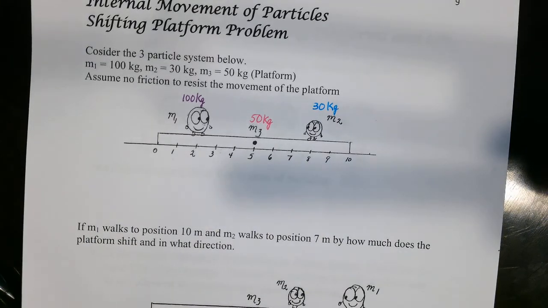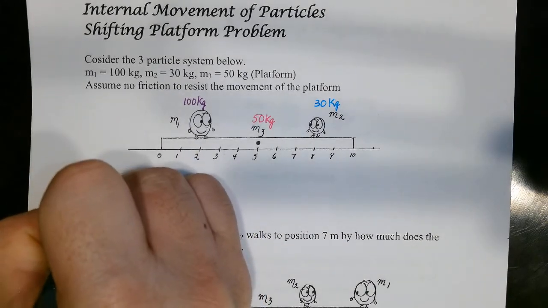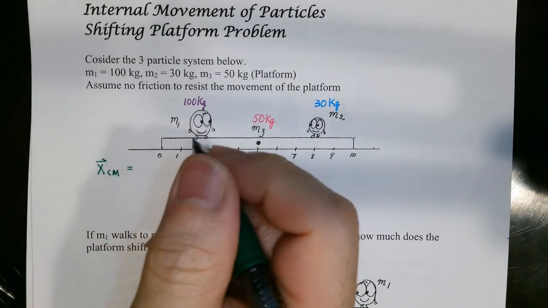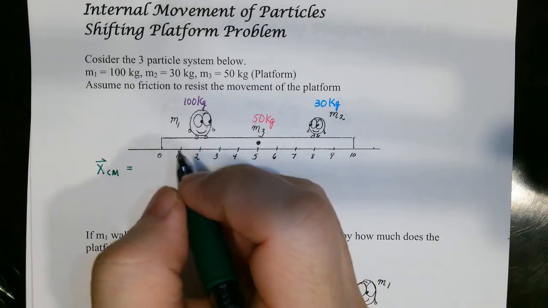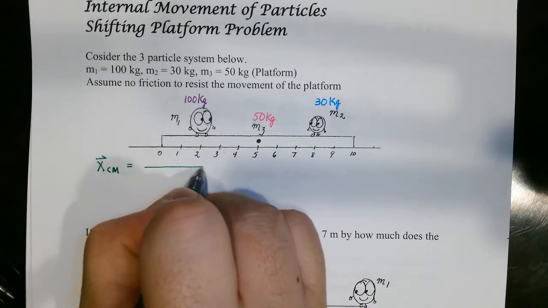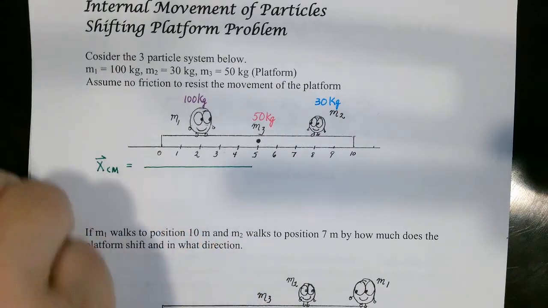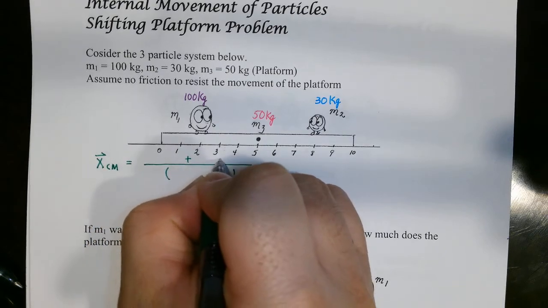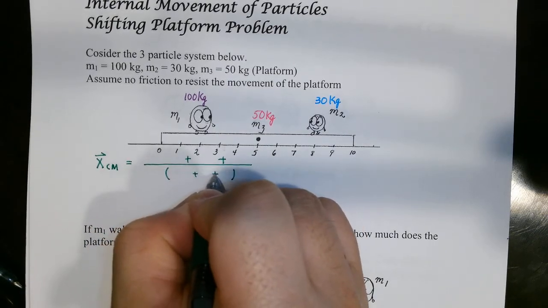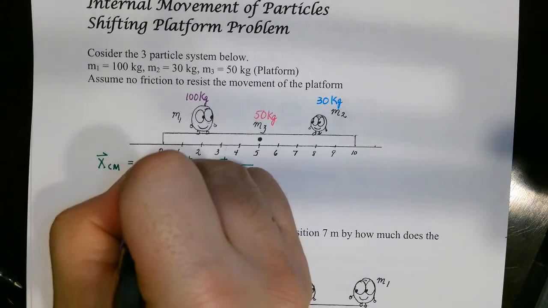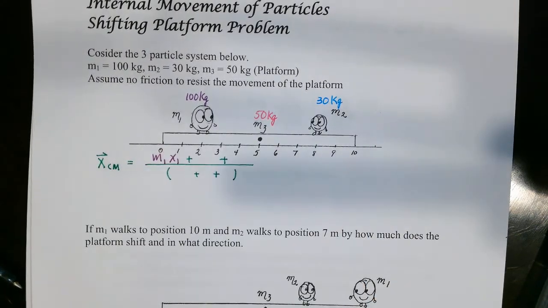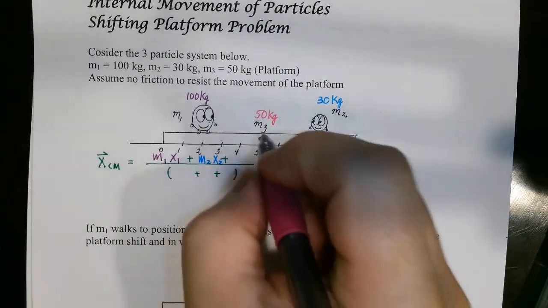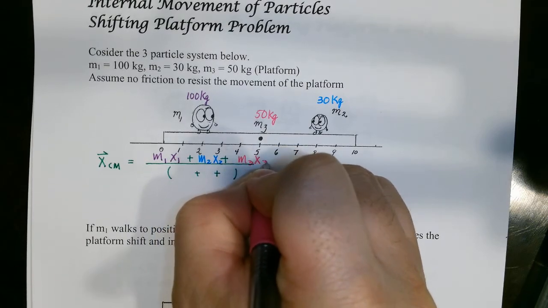So the center of mass is equal to m1 x1 plus m2 x2 plus m3 x3, right?